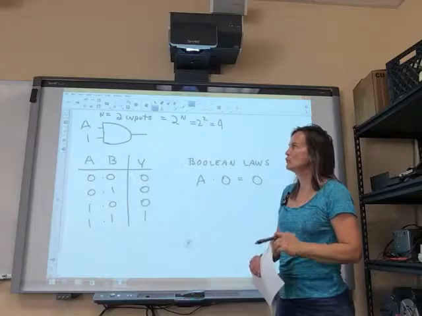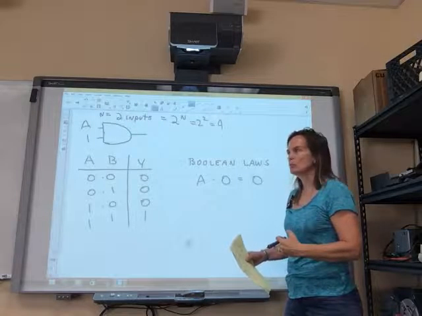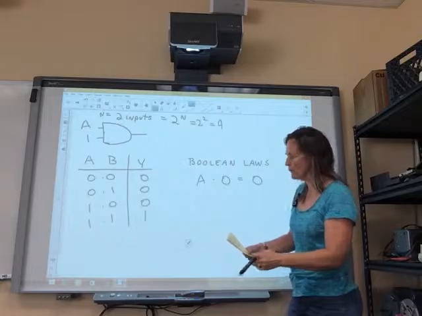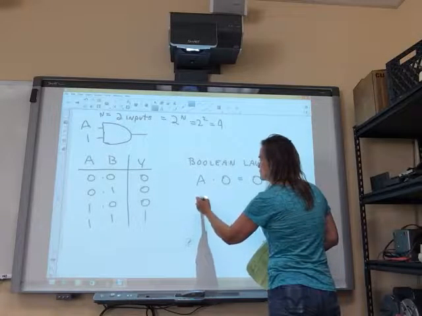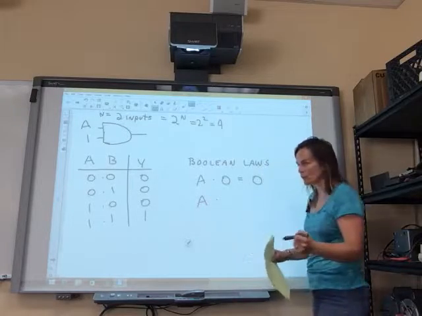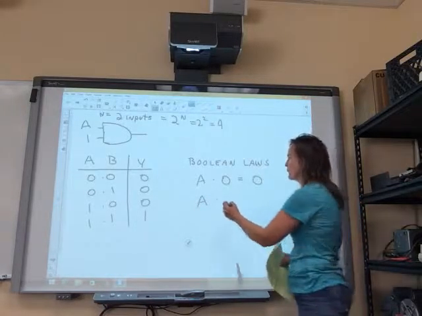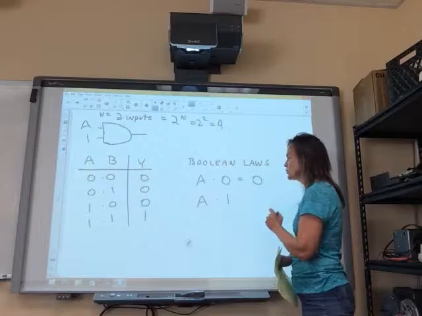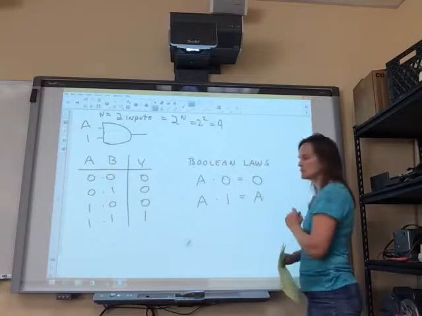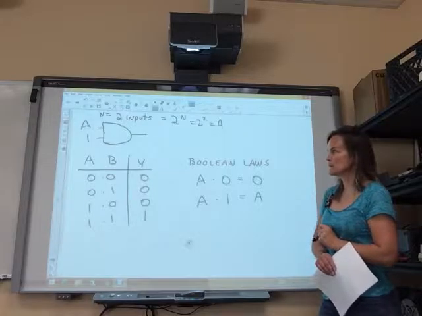If A is low, the output is low. If A is high, the output is high. So we can say as a Boolean law that A, which is a variable, could be 0 or 1, and always a 1, the output is going to be whatever A is. That makes sense?